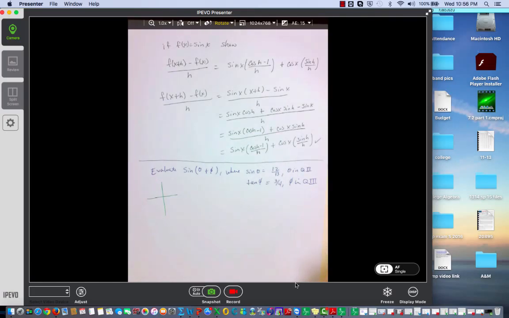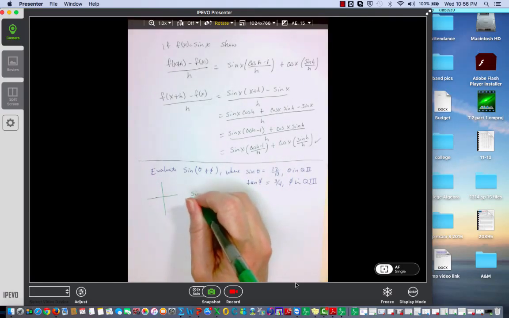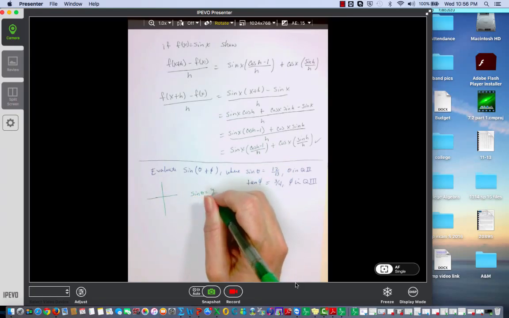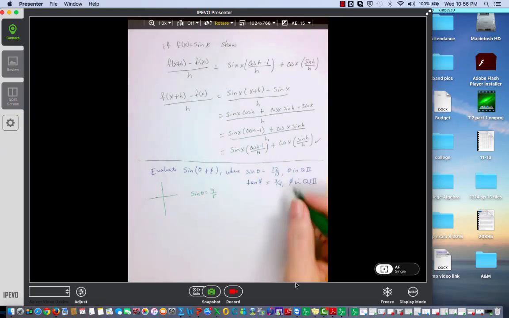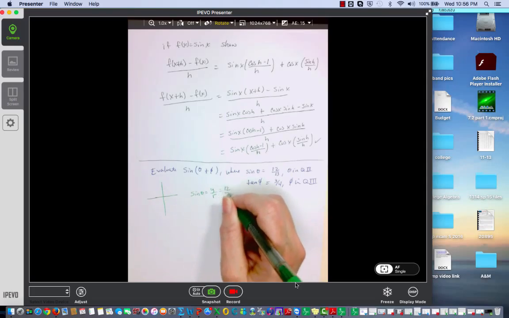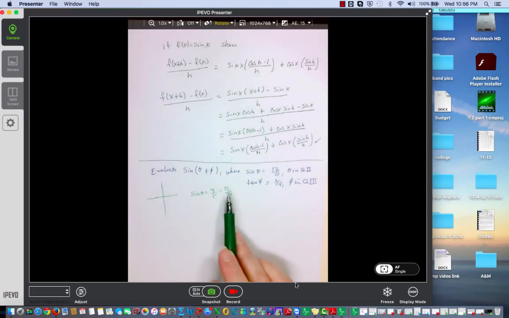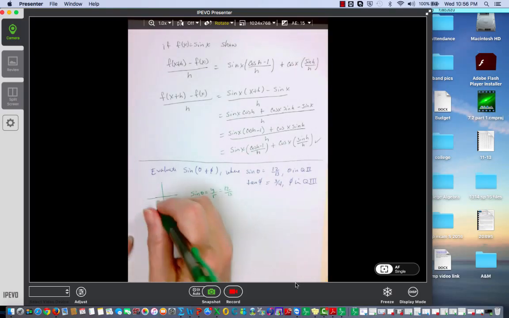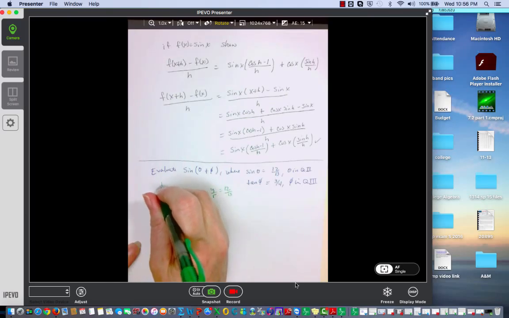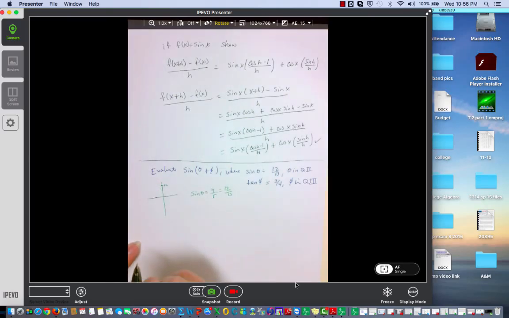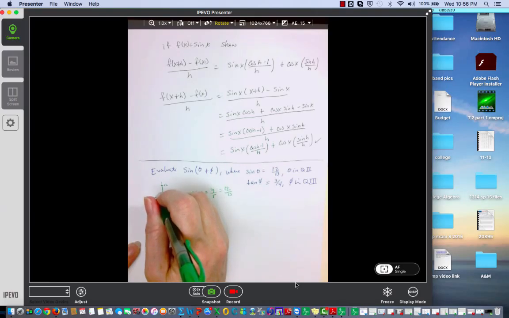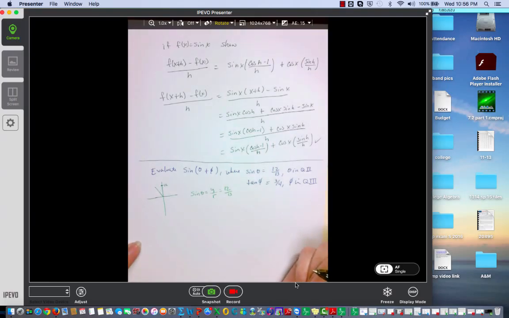Sine theta is y over r. So if it equals 12 over 13, then our y value is 12 and the r, which is the radius, is 13. So somewhere up here we've got a value of 12, and we'll have our radius going out at 13.